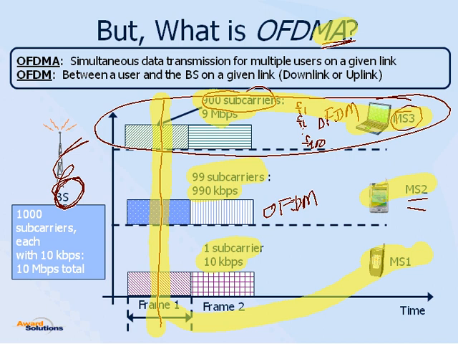But from the overall system's perspective, since multiple users are able to access the system at the same time, we say that it is OFDMA. If you have parallel transmission on multiple subcarriers, you are using OFDM. And when you have OFDM for multiple users, it becomes OFDMA. So that's the minor distinction between OFDM and OFDMA.